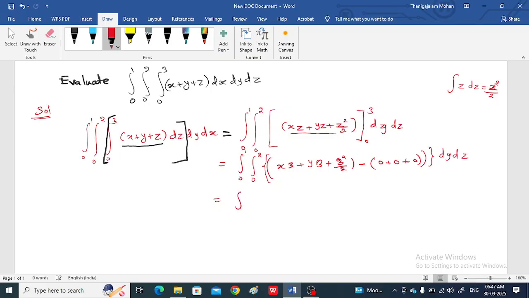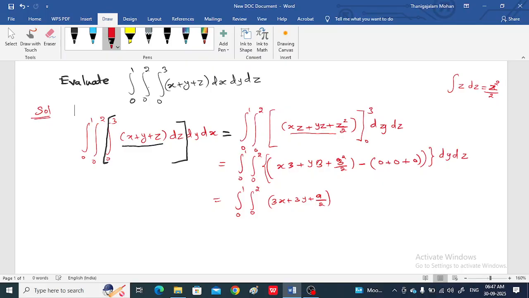First I will simplify these things, then it becomes 3x plus 3y plus 9 divided by 2.